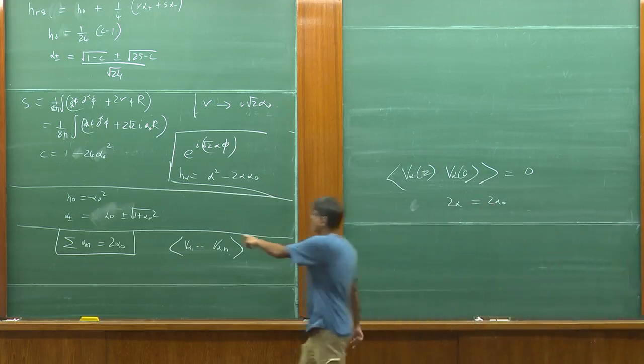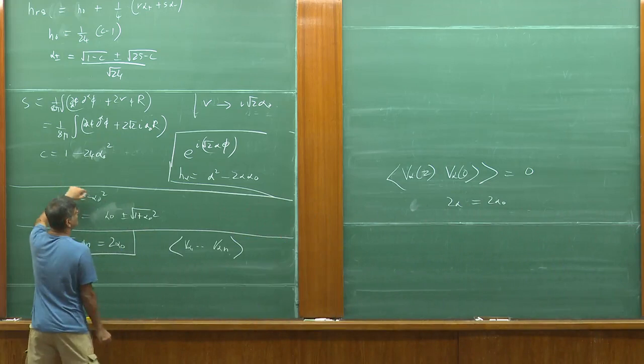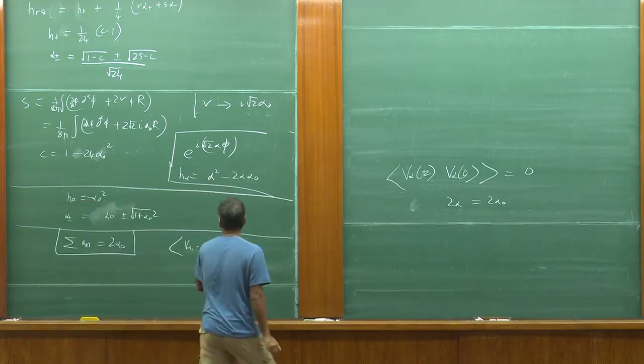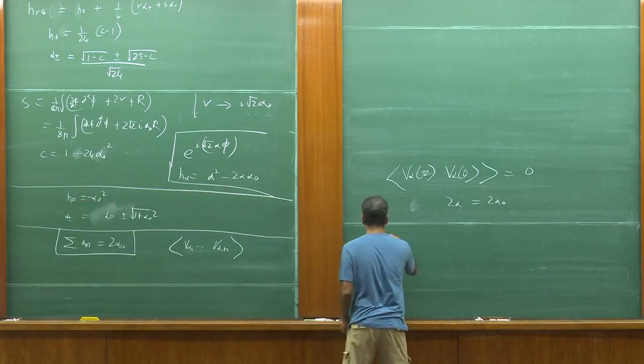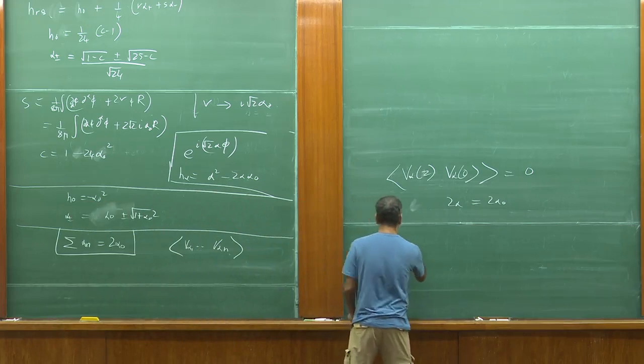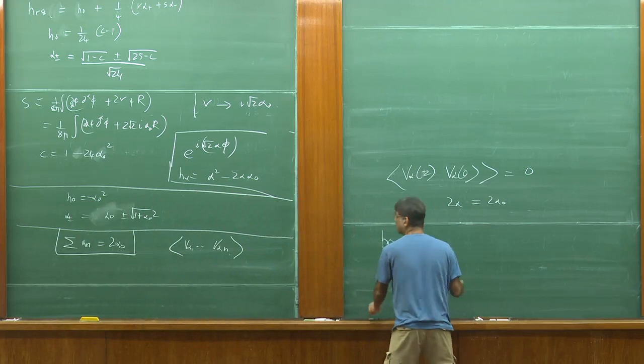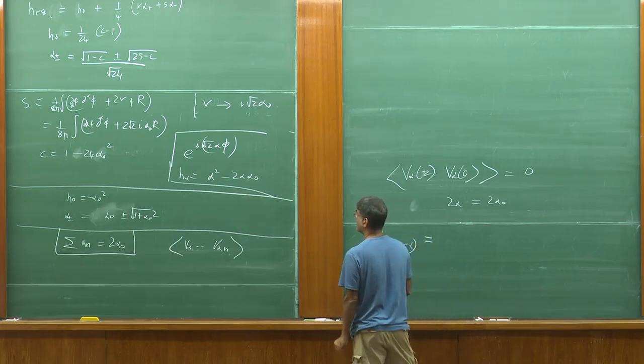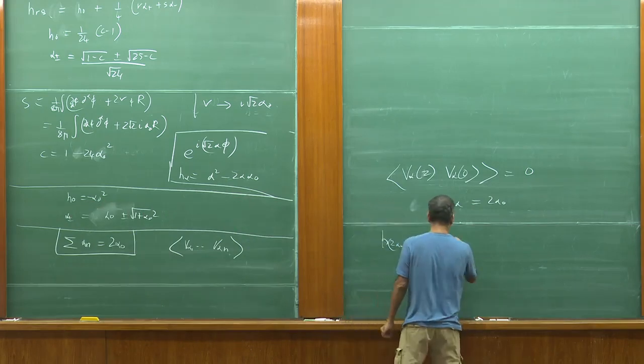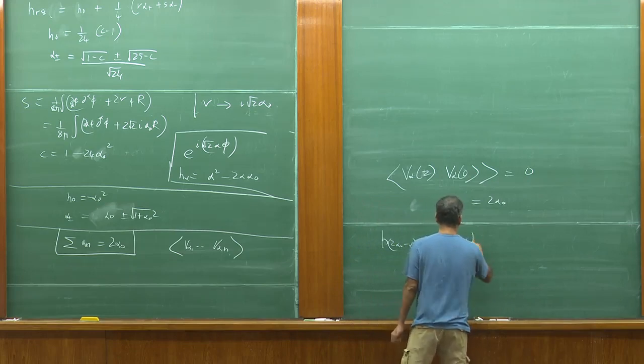Notice, however, that from this relation on dimensions, we notice that h of 2 alpha naught minus alpha, which is equal to 2 alpha naught minus alpha, the whole thing squared.